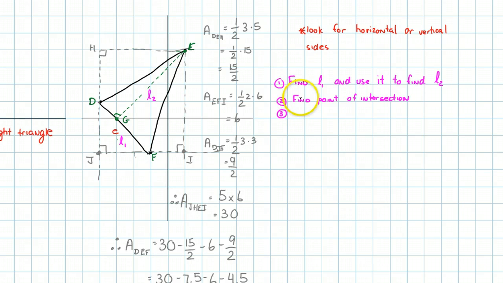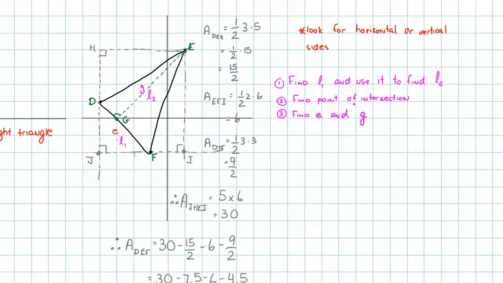Once I find that point of intersection, I'm going to find length E, and let's call the length from G to E length G. Once I've found E and G, I can pretty easily find the area of that triangle.